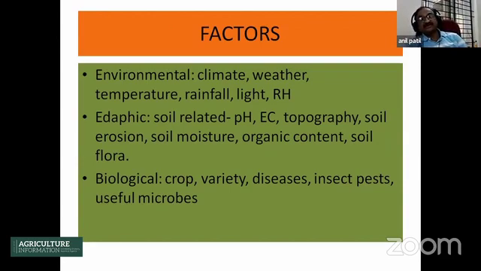So first of all, let us say there is something called as environmental factor, which will have the climate of the country or the region, the local weather conditions, the temperature that is there in the season of the crop, the rainfall that is there in that zone, what is the light intensity that you are getting, what is the relative humidity that is there in the atmosphere. Now, these are the factors which are going to be affecting the production from the environmental angle.